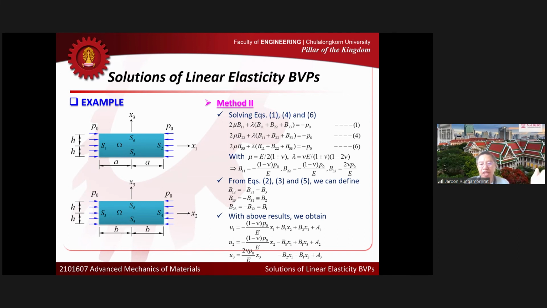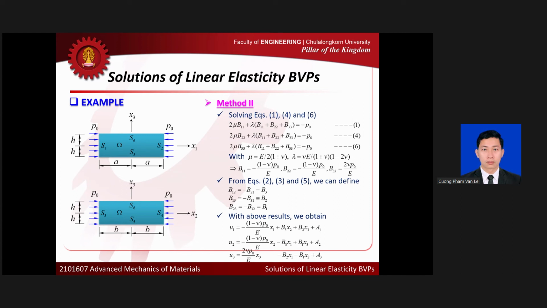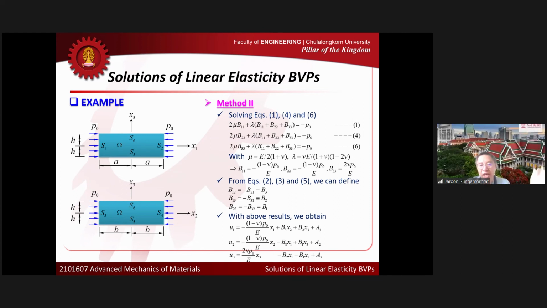But I didn't say that the displacement field is unique all the time. The displacement field is unique if and only if the body is restrained against the rigid body motion completely. If you go back to the proof, I show that there, right?